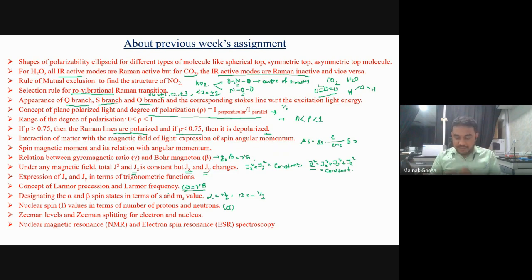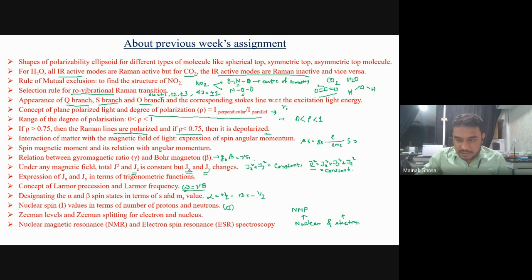From this conclusion, it was shown that two processes are involved. One is the nuclear process, where nuclear spin is involved, and the other is the electron spin. Based on these two different things in the atom, two different spectroscopy techniques were developed.